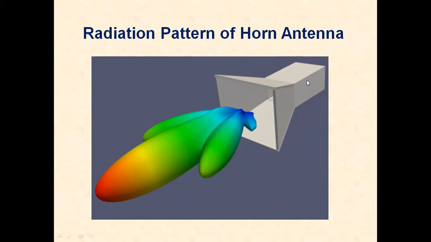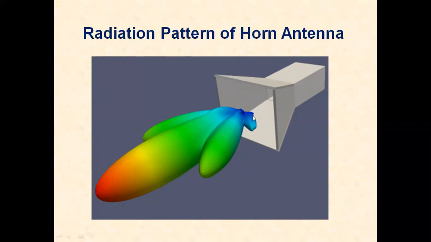The signal, by touching the walls of the waveguide, is propagated through it. And then here there is a flare. So the impedance of this flared structure will match with the impedance of the free space. Thereby, this main beam, an electromagnetic radiation pattern, is shown here.